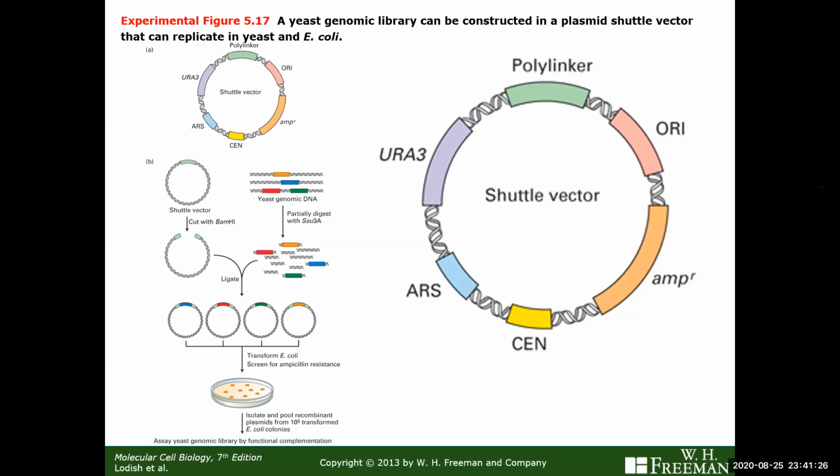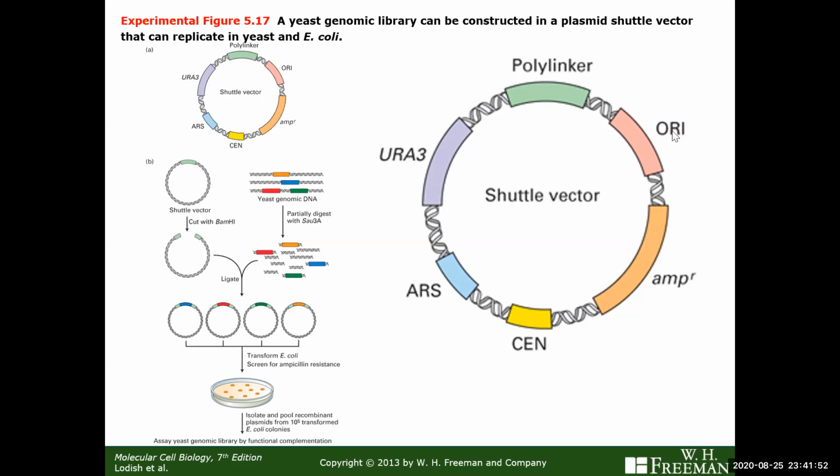What is a shuttle vector? A shuttle vector must have the ability to replicate in two different organisms, between which the plasmid will be able to shuttle. And in almost all cases, one of the organisms is the bacterium E. coli, and the other one depends on the experiment.